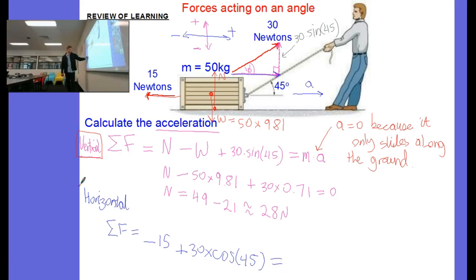And then that is equivalent to the mass multiplied by the acceleration of the object in the horizontal direction. And it's this acceleration that's the key to the question, because the object is accelerating, or moving, horizontally.